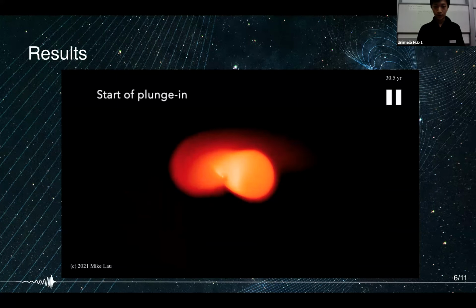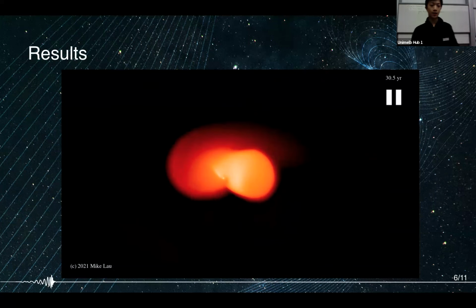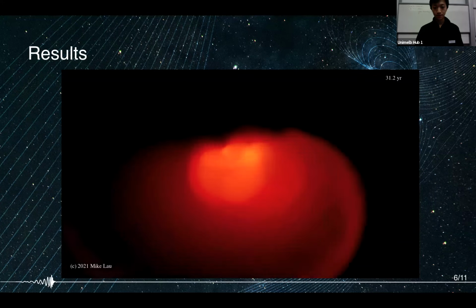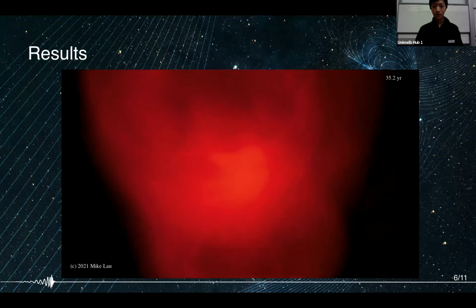And I'll show this from different perspectives. This is the start of the so-called plunge-in. And the subsequent evolution occurs very quickly because you start feeling this drag force, which causes the orbit to spiral in very quickly. So I'll play the rest of the simulation here. And you get a big puff of the common envelope being ejected.